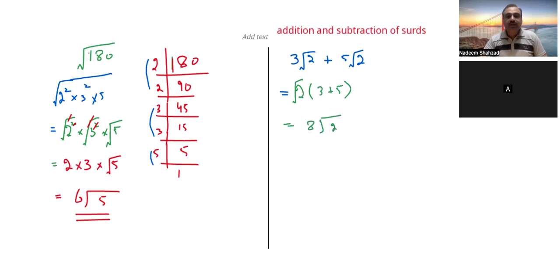Okay, in the next question, if we have it in the form of subtraction, suppose we have 12 square root 5 minus 4 square root 5. You can see here which term is common.